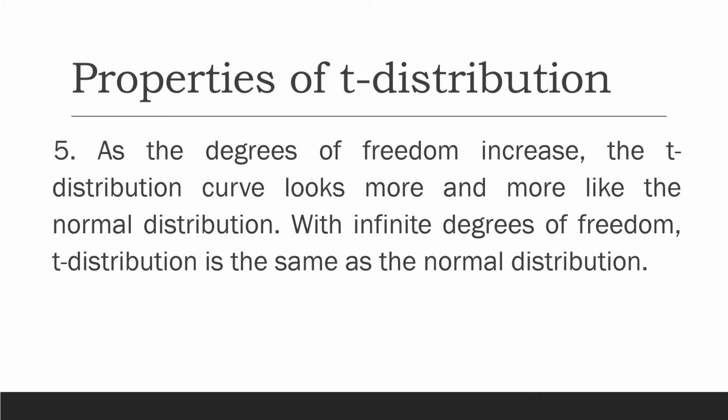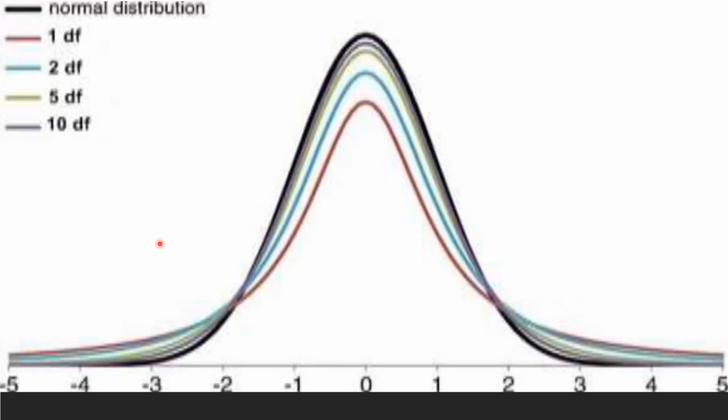Also, as the degrees of freedom increase, the t-distribution curve looks more and more like the normal distribution. It gets a higher and higher peak and lighter and lighter tails. With infinite degrees of freedom, the t-distribution is the same as the normal distribution. This is what I was saying a while ago.